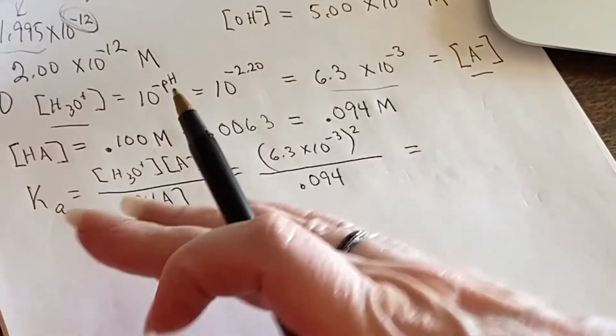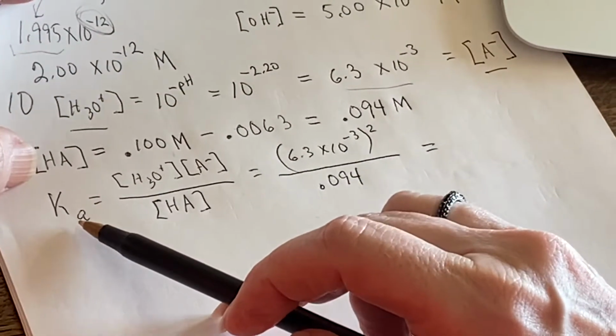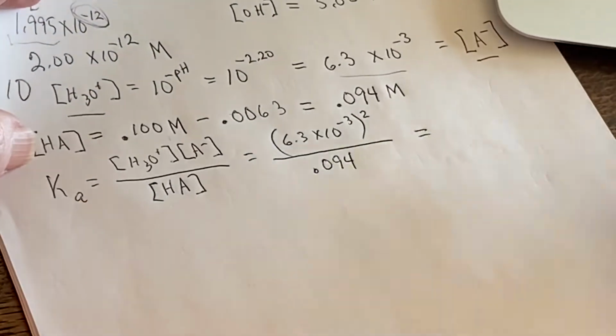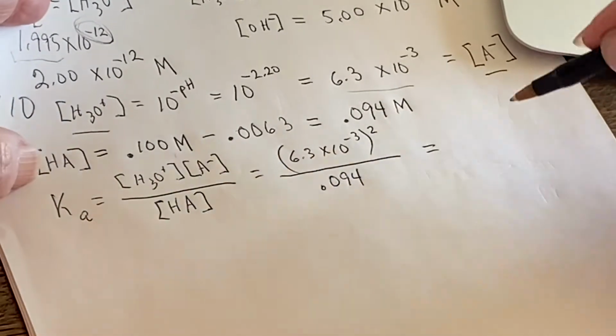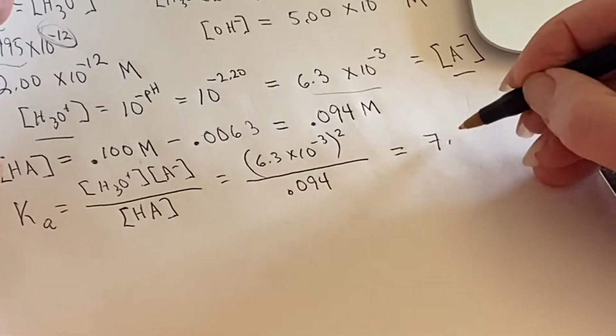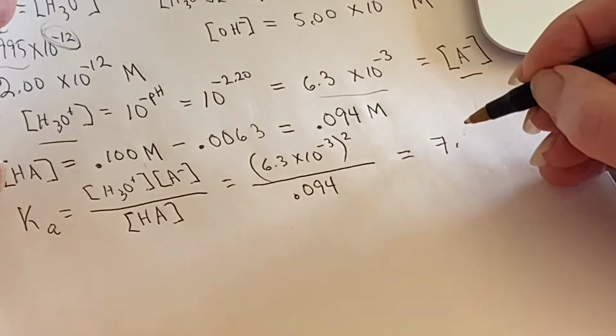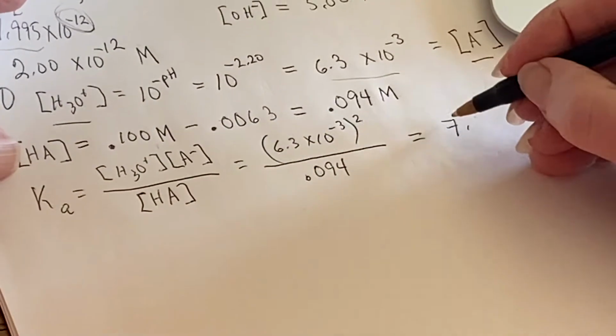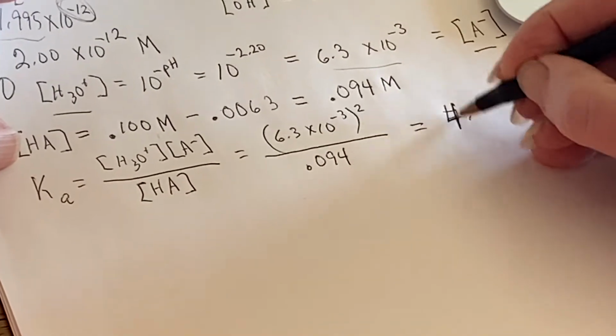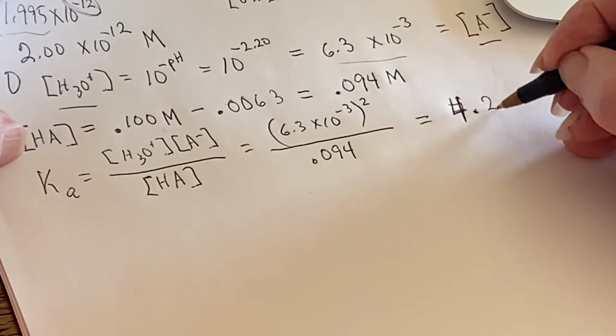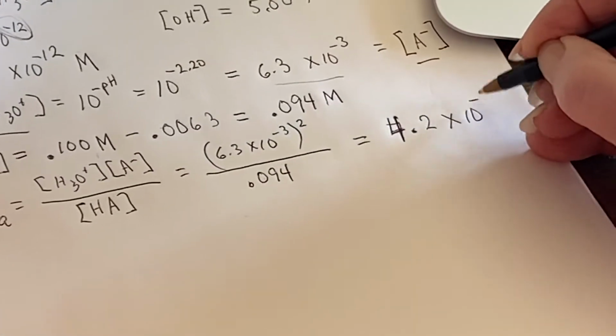And because this is an equilibrium constant, we're not going to worry about the units. Go through on your calculator. Whoops, why did I write a 7? That's supposed to be a 4. 4.2 times 10 to the negative fourth.